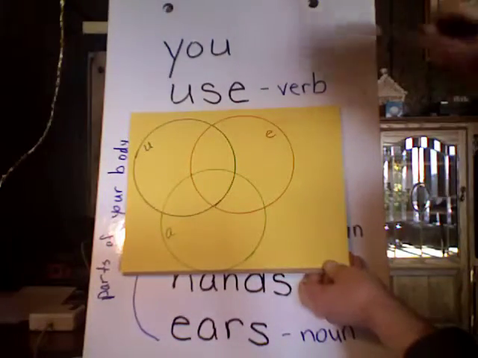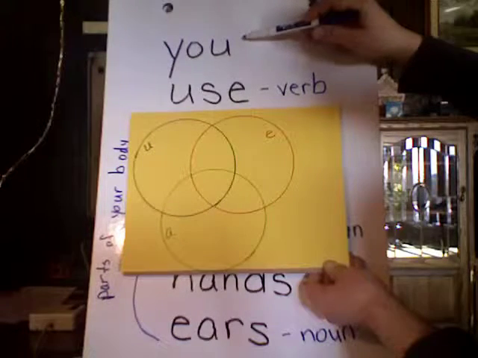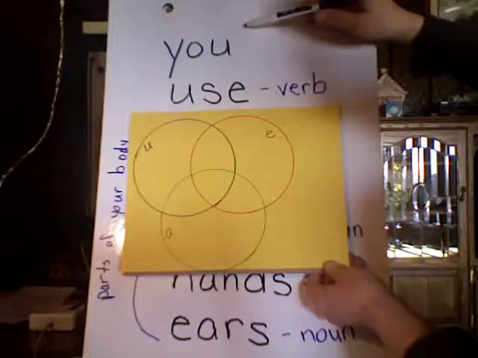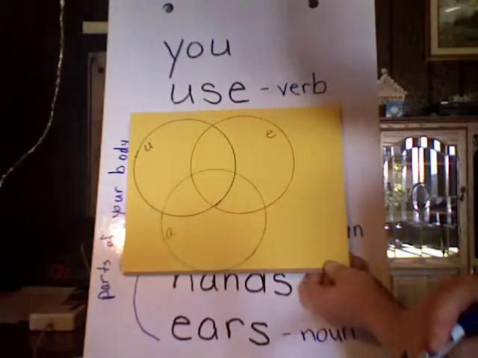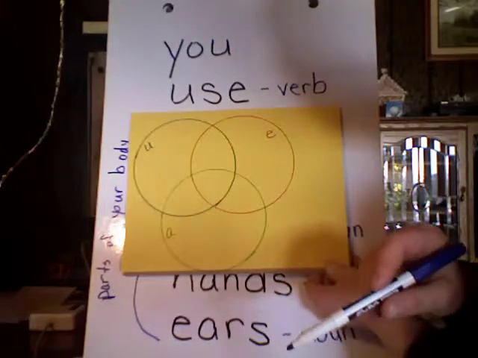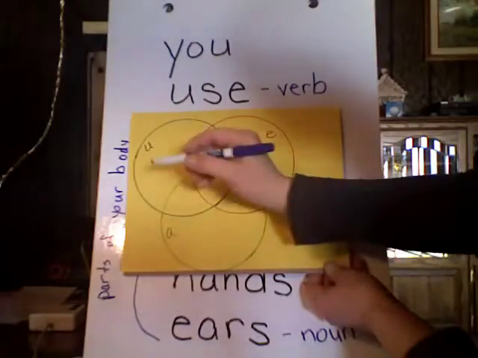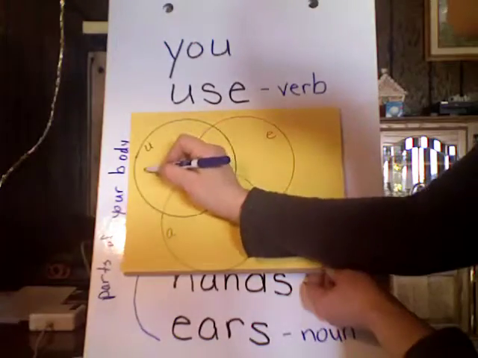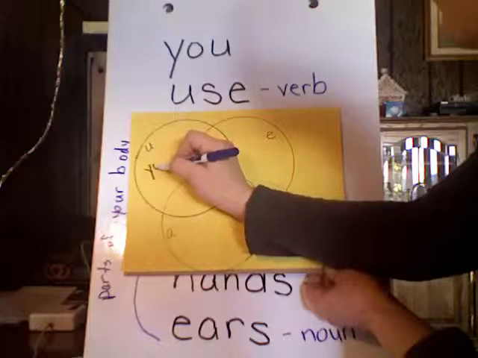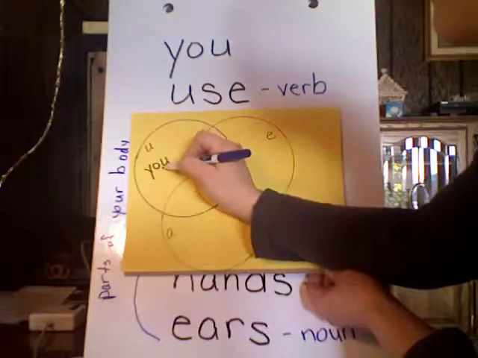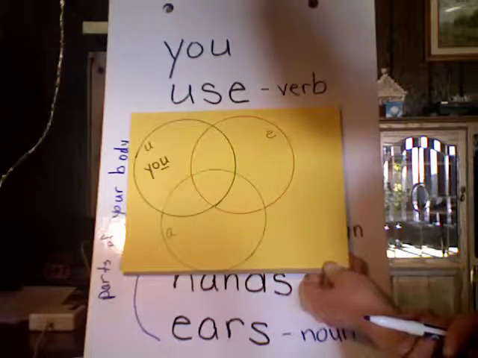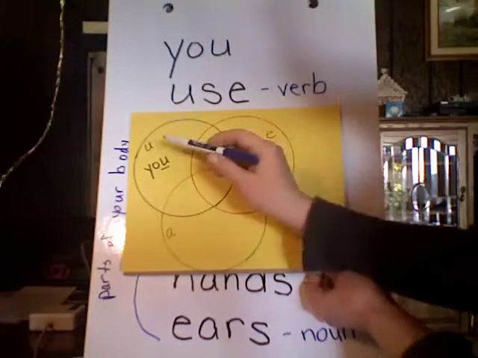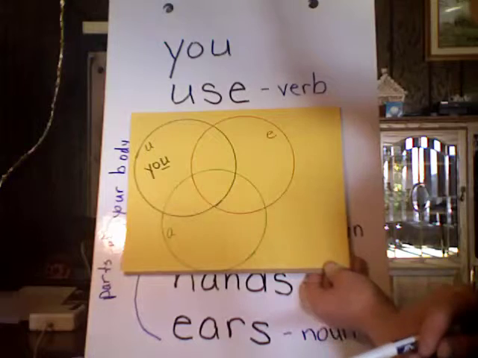Boys and girls, visit with your partner and tell them, does the word you have a U, E, or A in it? You're right. You has a U in it. Y-O-U. What about the word use? Visit with your partner. Does that have a U, an E, or an A?